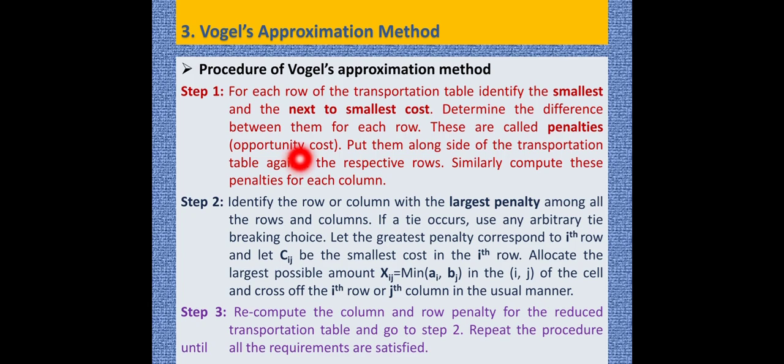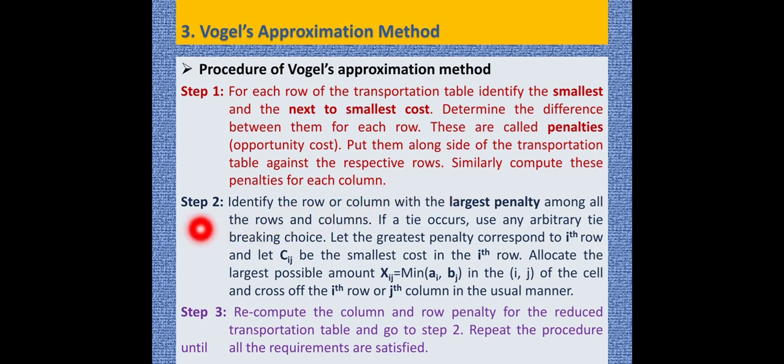We can call them row penalties as well, and we put them alongside the transportation table against the respective rows. Similarly, we compute these penalties for each column, which are called column penalties.